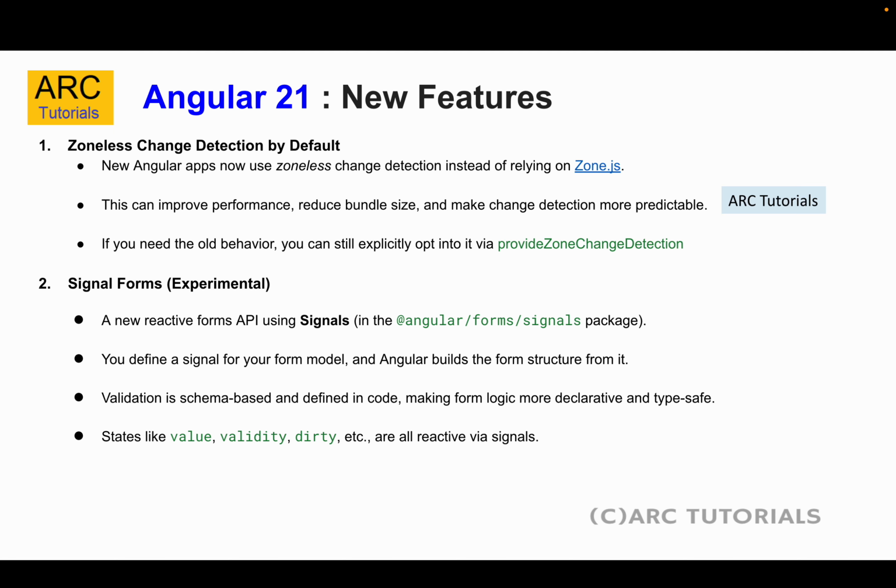Again, it's experimental, but we will give it a shot and see how it goes as we build this CRUD series. Validation is schema based and defined in code, more declarative, just like we were doing earlier. We also have state management for value, validity, and dirty, just like reactive forms, but now through signals. That's one of the most standout features of Angular 21.